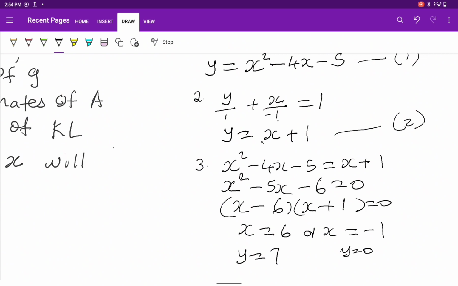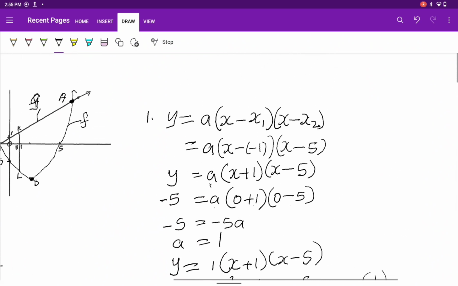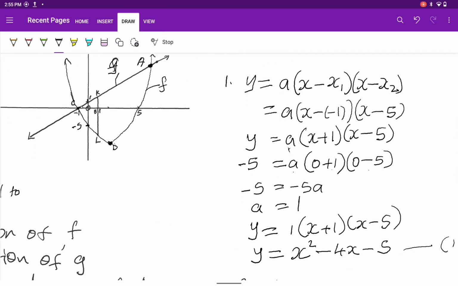So the coordinates of A are 6 and 7. The coordinates of A are 6 and 7 because negative 1 and 0 are the coordinates of C. As we can see, we have the negative 1, so the coordinates of A are 6 and 7.